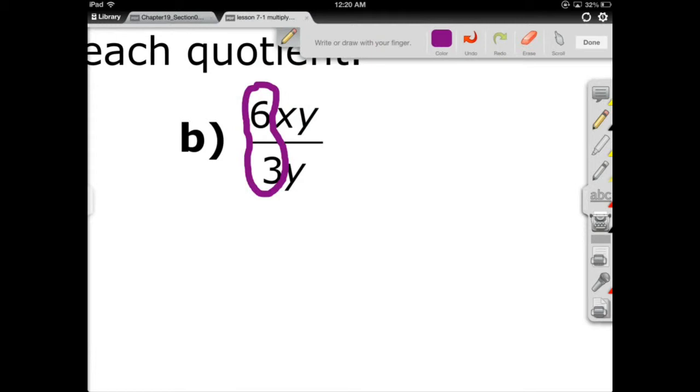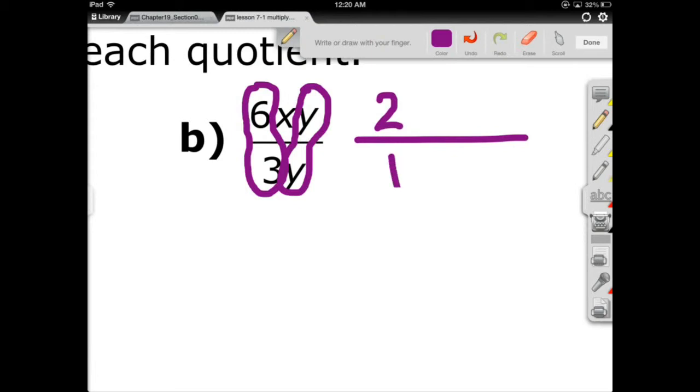I can see that there's some things on top that are similar to things on the bottom. 6 divided by 3 is going to give me 2 over 1. And the y's are going to cancel out. They're the same value.